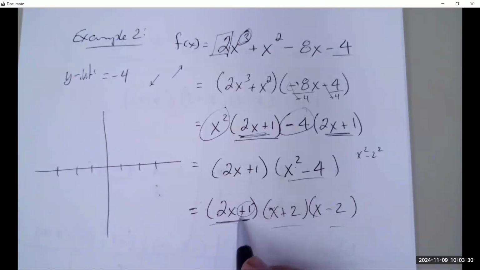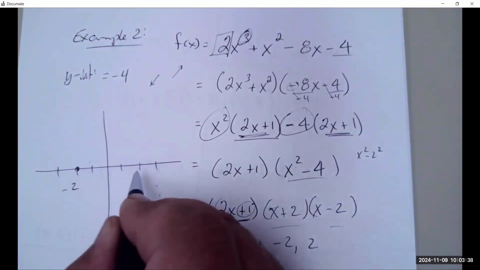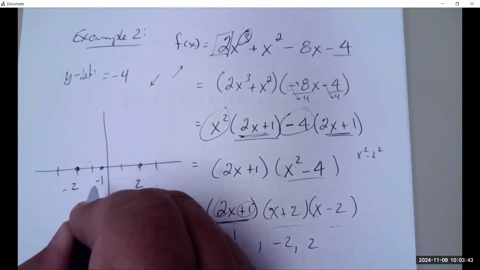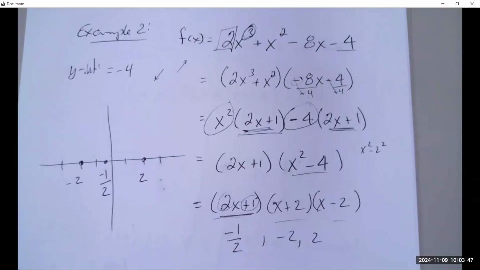Remember, opposite sign, so it's -1 divided by 2. And then -2 and +2. Where's my y-intercept?